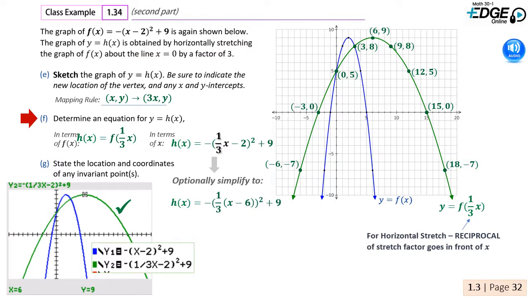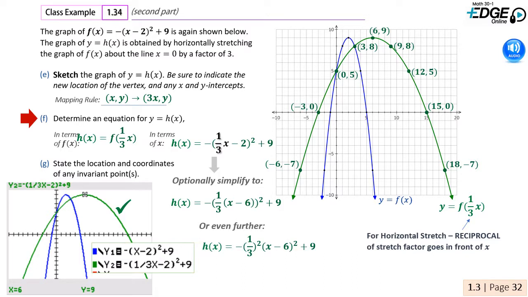Simplifying this, or rather factoring it to represent it differently, is a little bit tricky, because we have to factor the 1/3 out of the binomial of 1/3 x minus 2, and when we divide that -2 by 1/3, it becomes -6. Notice that the square, which is to say the exponent of 2, is on a bracket outside of both the x minus 6 and the 1/3, but not the negative coefficient.